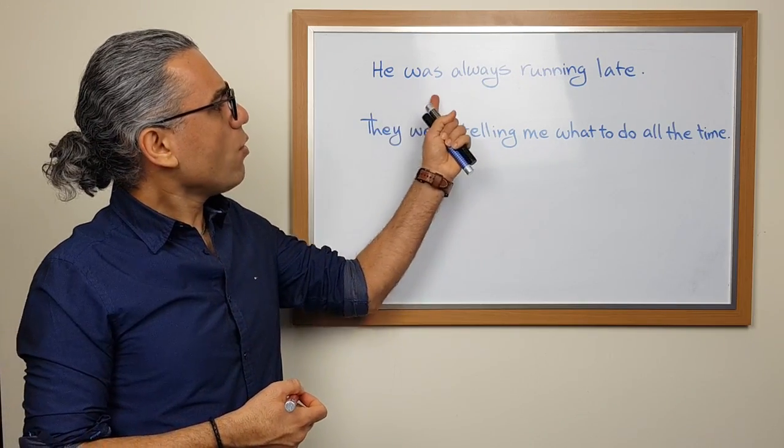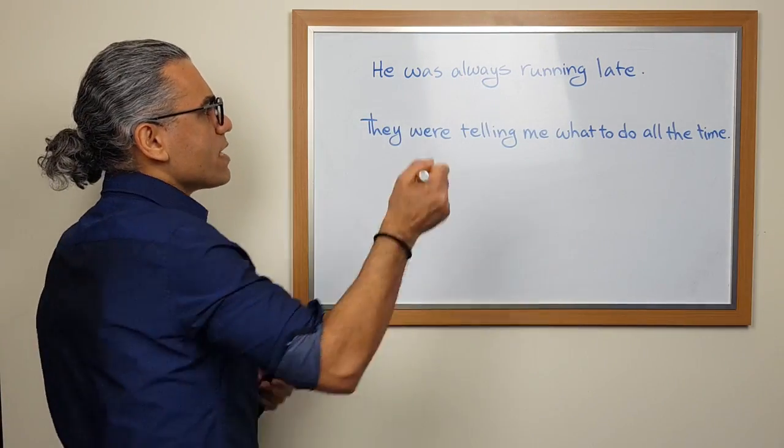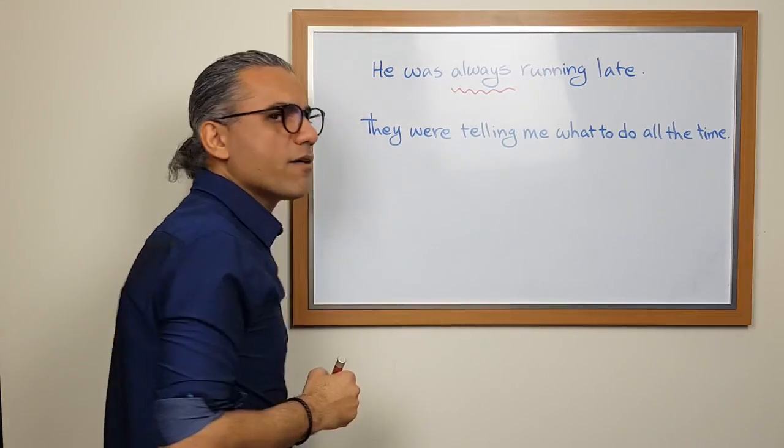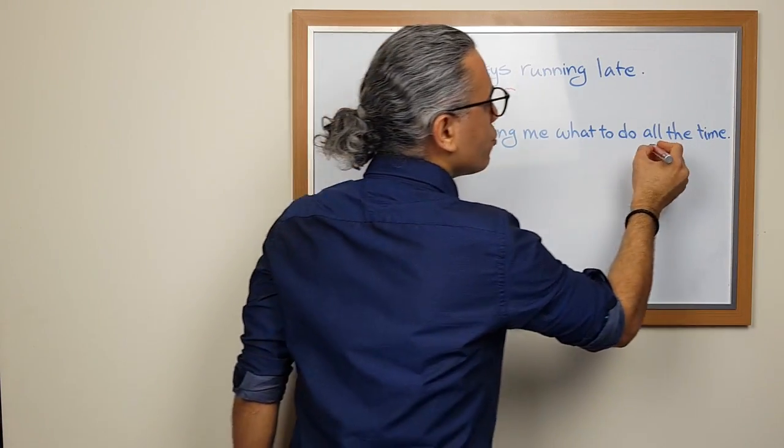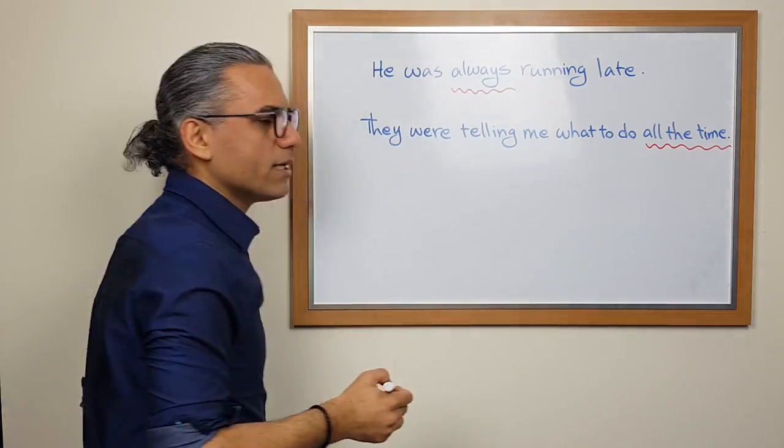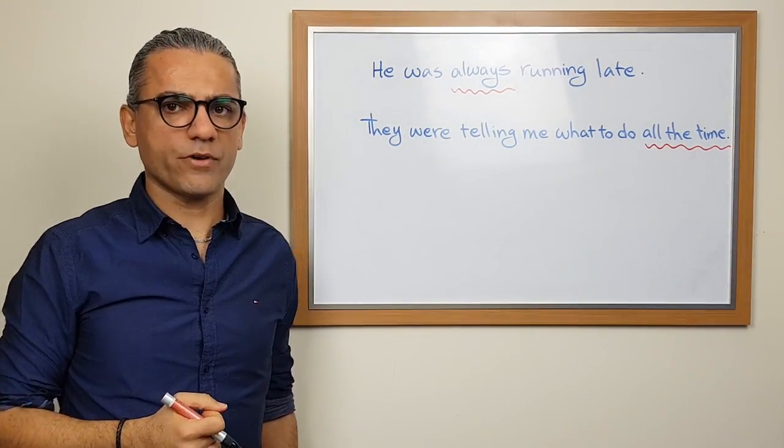He was always running late. As you can see, we have an adverb of frequency. They were telling me what to do all the time. Again, an adverbial phrase of frequency.